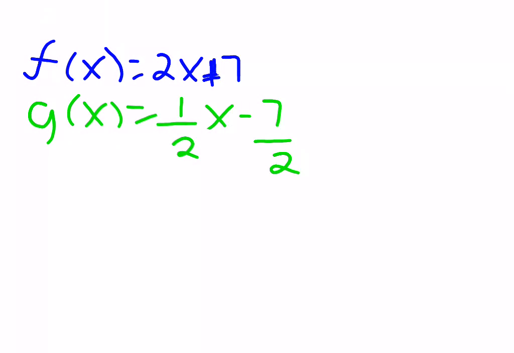The first thing I want to do is find out what f of g of x is. Now you can go in any order. You can solve for one first and then the other, but let's start with f of g of x.